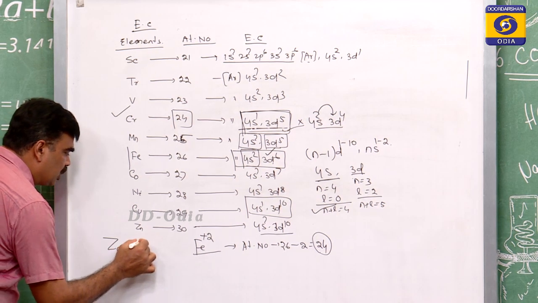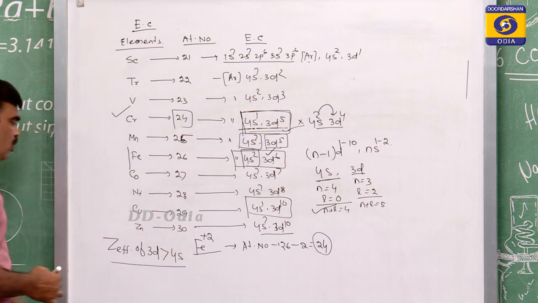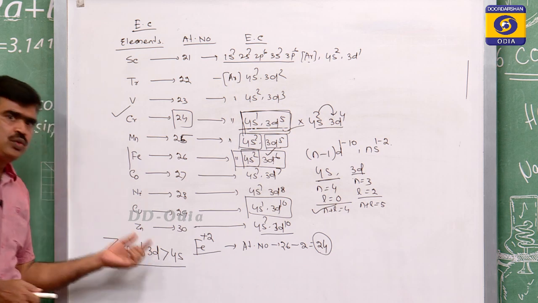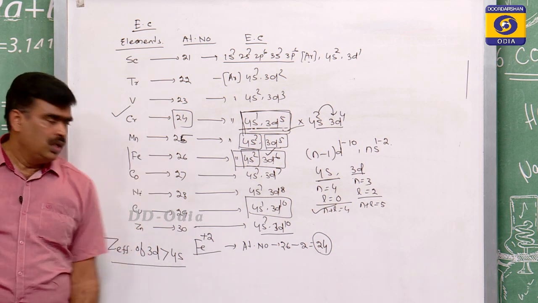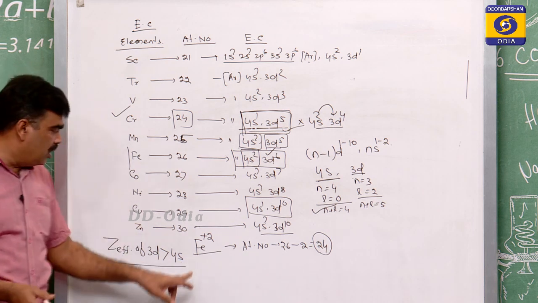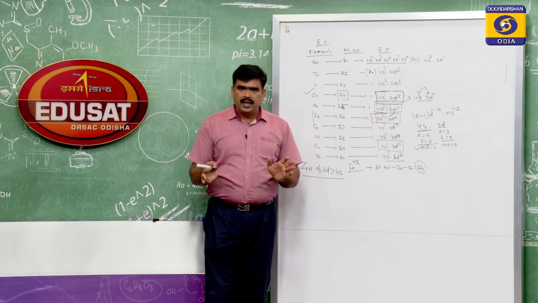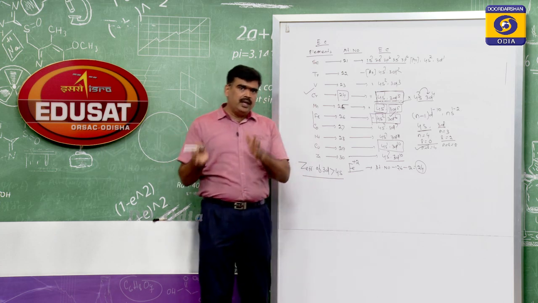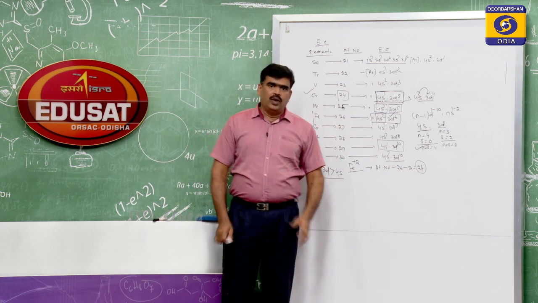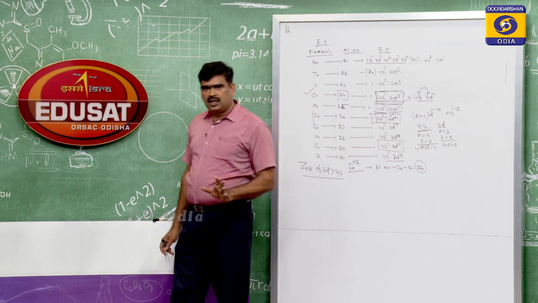The effective nuclear charge of the 3d subshell is greater than 4s, meaning the nucleus's hold on the 3d subshell is stronger. So these electrons will not go out. Rather the 4s electrons will be removed because their effective nuclear charge is lower than that of the 3d subshell. Now you must be clear: when electron filling is concerned, the n plus l rule dominates. When electron removal is concerned, effective nuclear charge dominates, right?